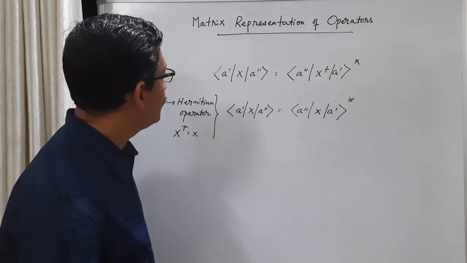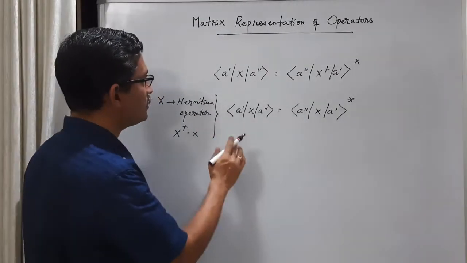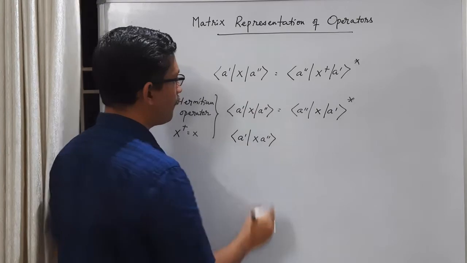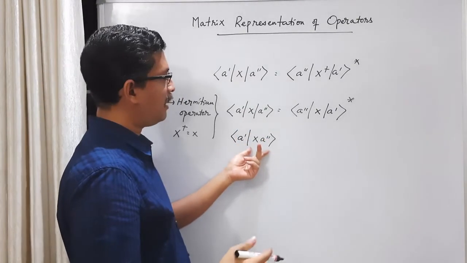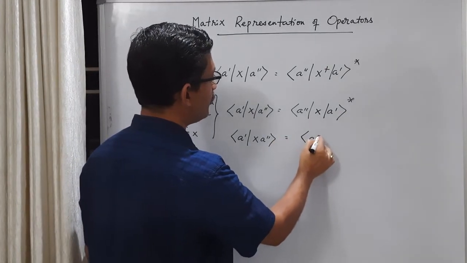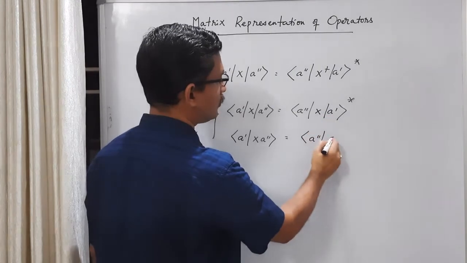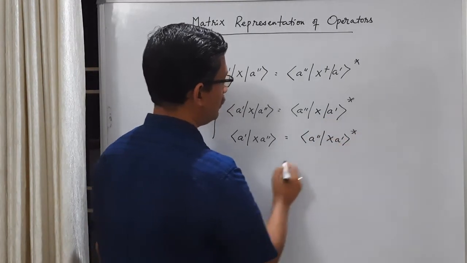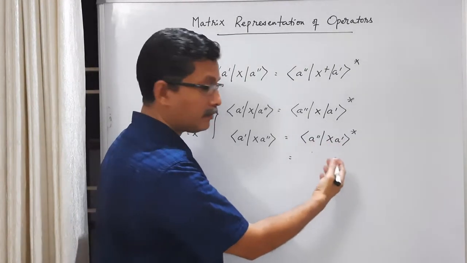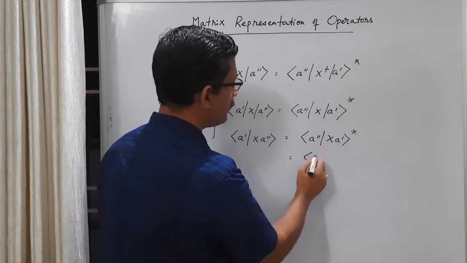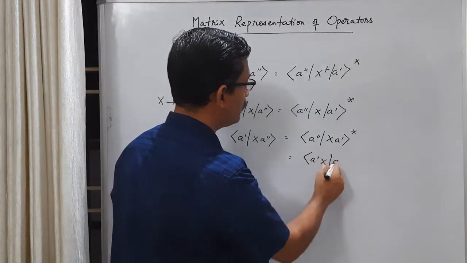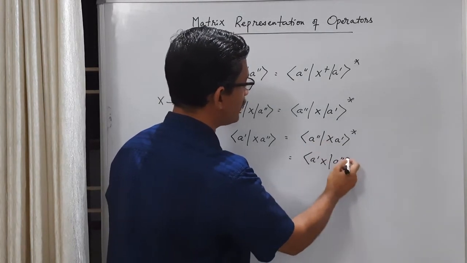And a further interpretation is possible. The left hand side I can write as ⟨a′|X|a″⟩, where X is acting on the ket a″. Whereas the right side I can write as ⟨a″|X|a′⟩*, where X is acting on this ket vector. If we interchange the two, the ket and bra vectors, this ket vector becomes a bra vector, X becomes X†, but X† is the same as X, and this bra vector becomes a ket vector.